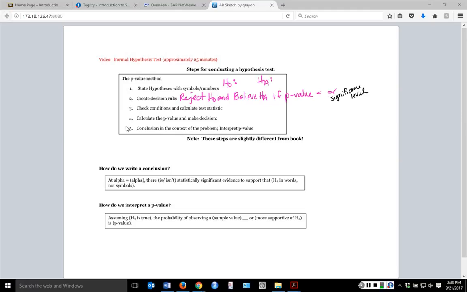And again, I know a lot of this will make more sense as we do a couple actual examples. Step 5 is actually to write our conclusion in the context of the problem, and we're also going to interpret our p-value. I have a couple of examples of how we're going to do that, but again, as we do an example, I'll come back and reference these as well.